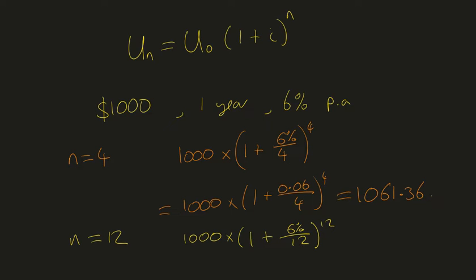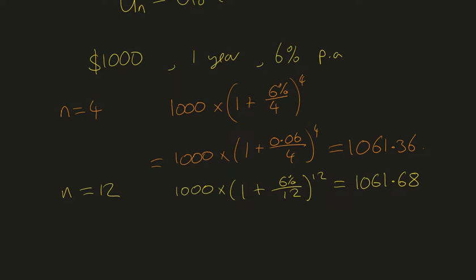We'd have a smaller percentage per month, but we'd be doing it 12 times. And if we calculated that, it would come out at 1061.68. Notice how close it is to the previous calculation. The difference there is the interest on the interest, if you like.